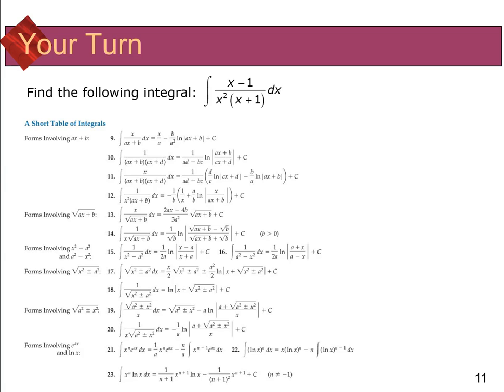I have instances where I have a 1 in the numerator and junk in the denominator. I don't really have any instances with the formulas that involve quotients where I have any kind of subtraction or anything like that occurring. So, as it's written right now, it's not going to fit any of these formulas.